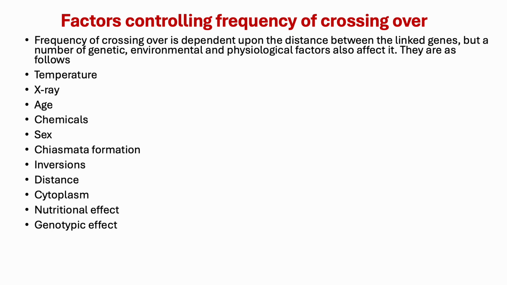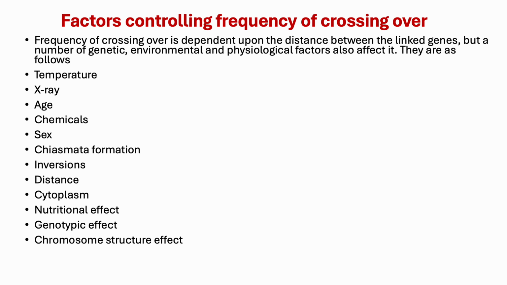Then genotypic effect, as I've told you, the variations which occur are because of numerous gene differences, whether within the strains of the same species, or of the same loci. So we can see the genotypic effect also influencing the crossing over.